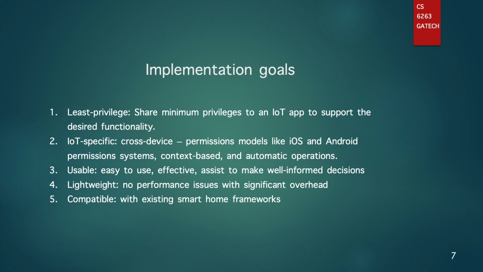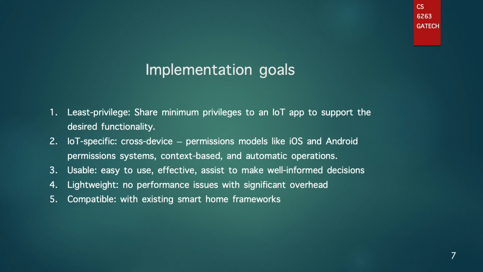Now let's discuss the SmartAuth implementation goals to overcome those challenges. The SmartAuth app goes with, first of all, the least privilege approach, where the system should grant only the minimum privilege to an IoT app, just enough to support the desired functionality.